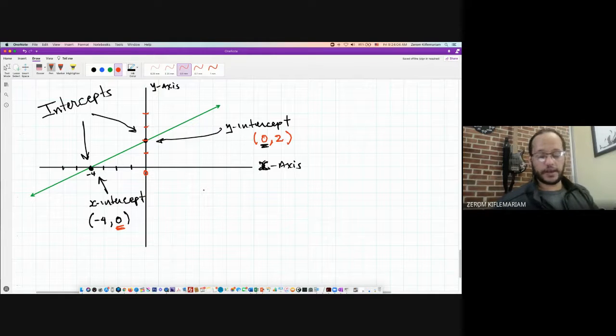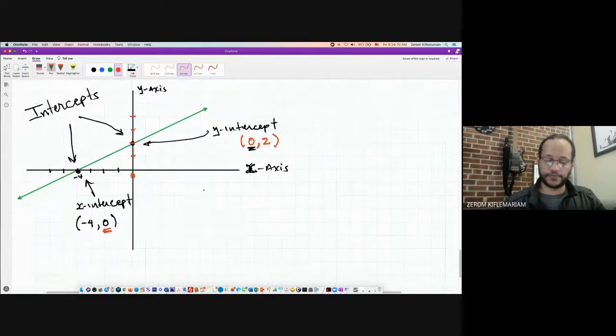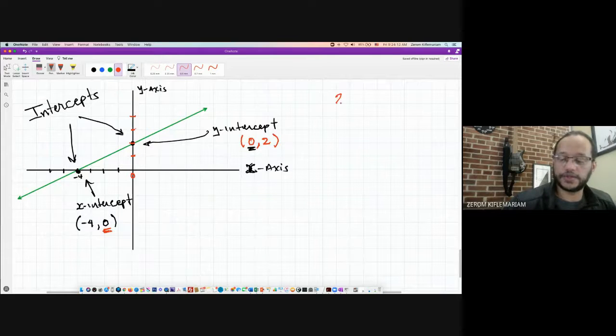As an example, if I give you a question: 2x plus 3y is equal to 6, find the x and y intercepts.